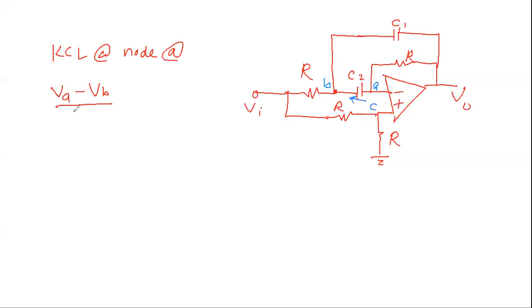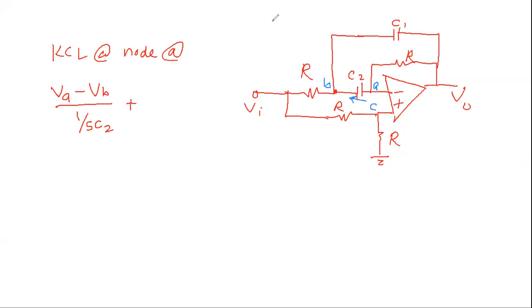What's the impedance of the capacitor? 1 over SC2. So this is not C2, this is the impedance of C2. We don't divide voltage by capacitance to get current. We divide voltage by impedance. And the impedance of C2 is 1 over SC2, right? Noted. Plus, what's the other current?